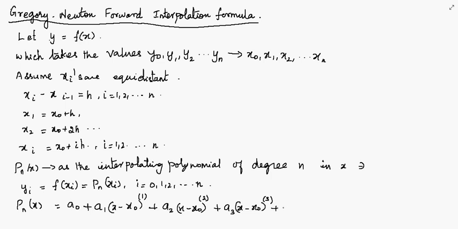This is an nth degree polynomial, so our last term will be an into x minus x0 whole power n factorial.